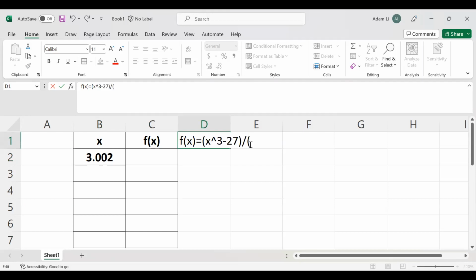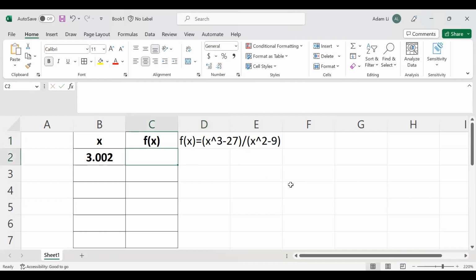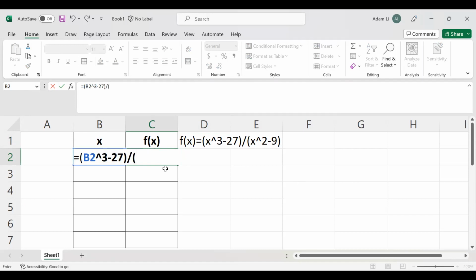over, and if you guys want to try this, you can try it yourself too. Basically that's gonna be this number in parentheses raised to the third power minus 27, divided by the same cell number to the second power minus 9.